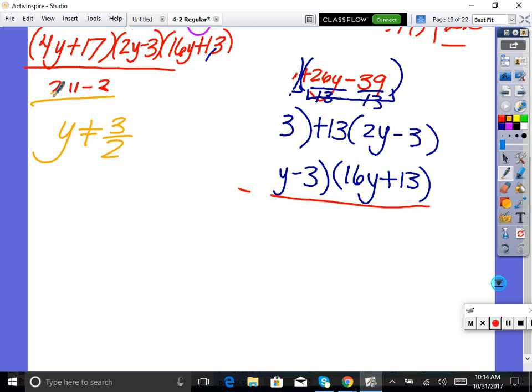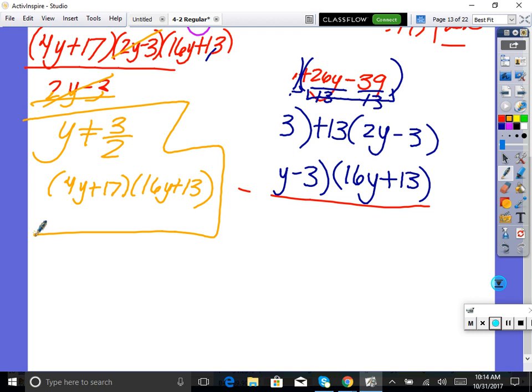And now we'll divide out exact factors. So isn't my answer 4y plus 17 times 16y plus 13, all over 1? We don't need to write all over 1.